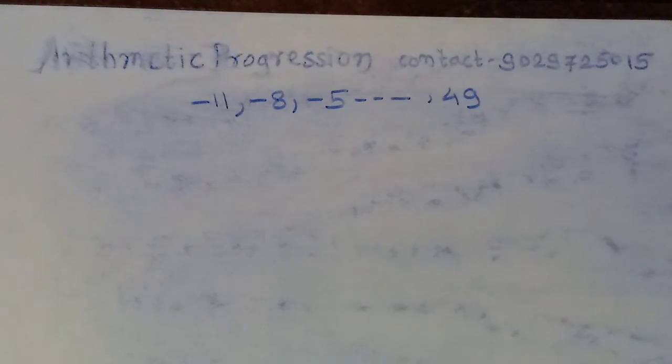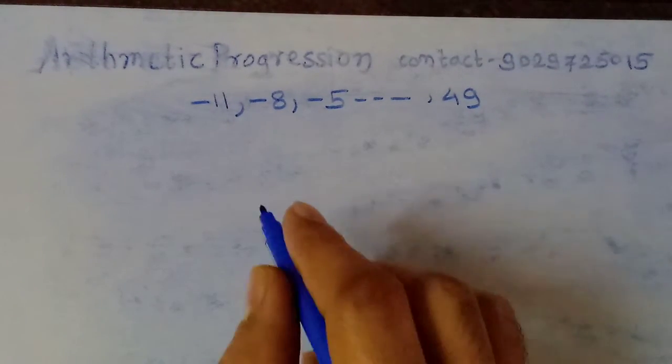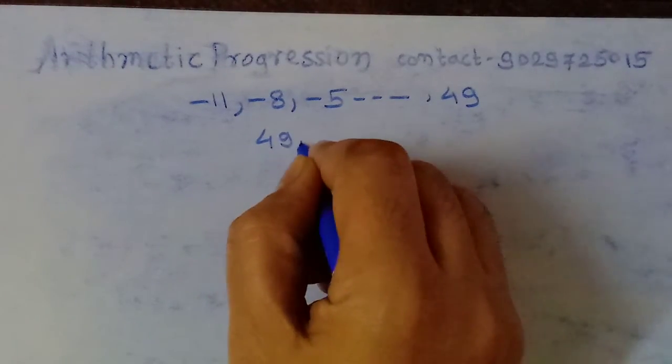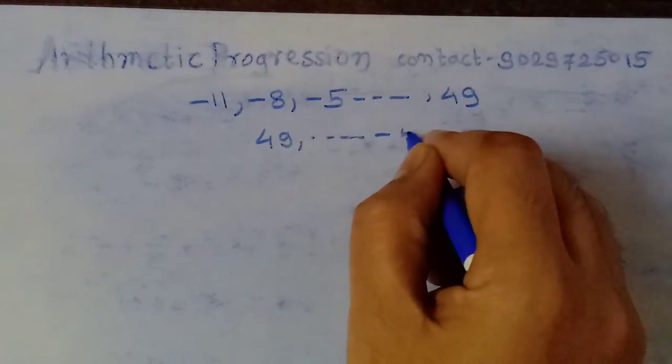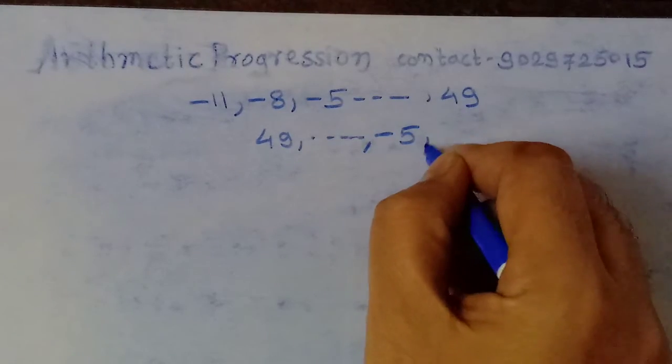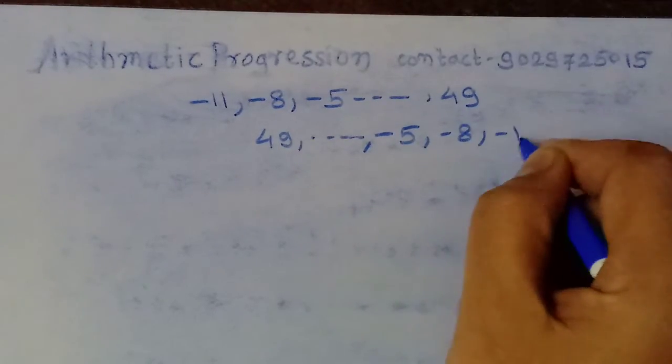We have to take the reverse. Reverse means the first term is 49. The reverse AP is 49, dot dot dot, minus 5, minus 8 and minus 11.